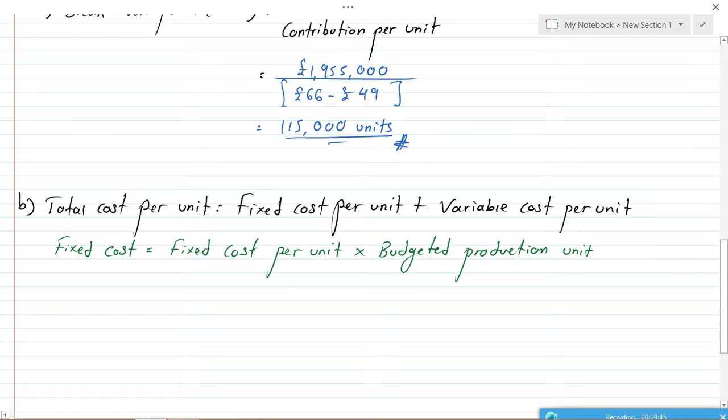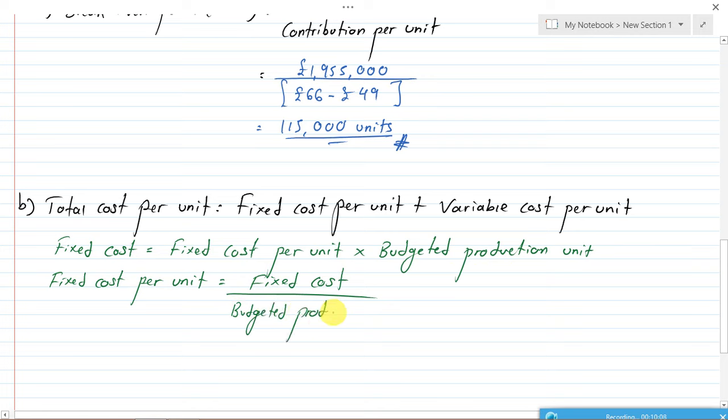Okay, that's how you find fixed cost. But now we want fixed cost per unit. Therefore, we take the total fixed cost, divide with what? Budgeted production unit.